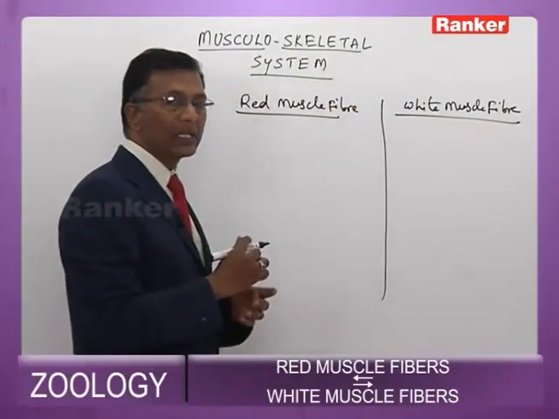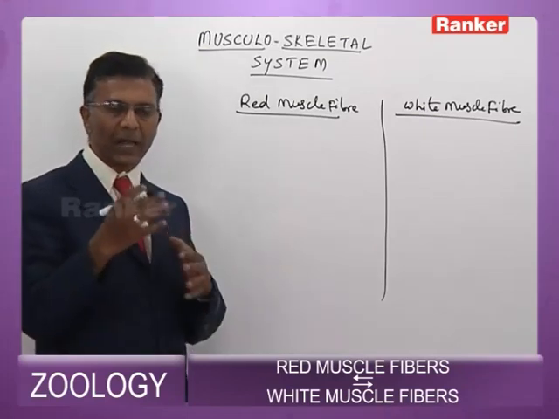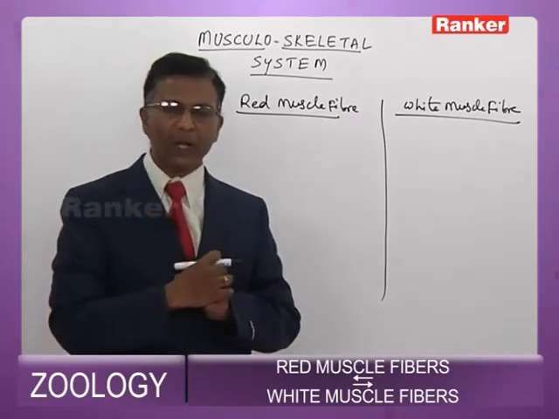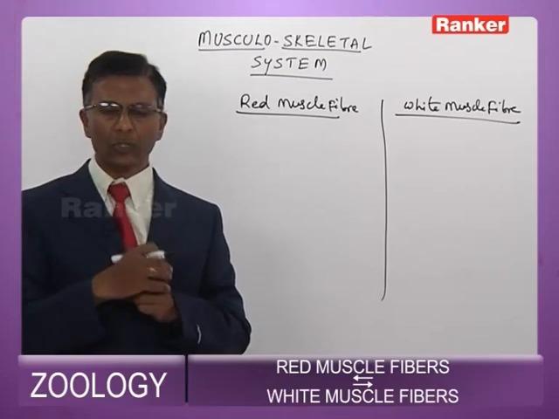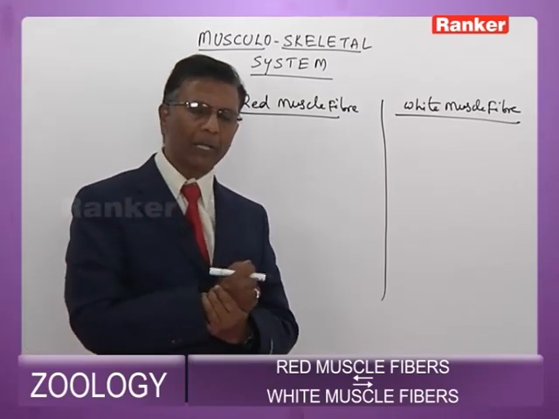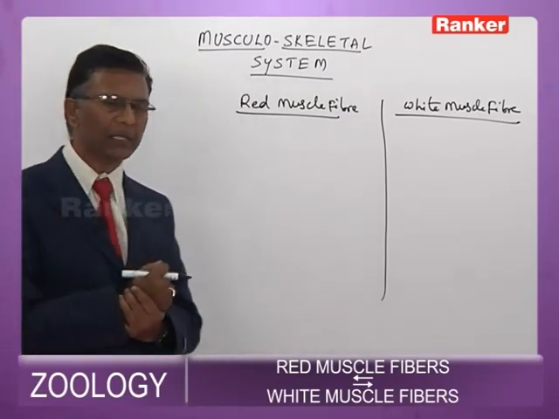Questions were asked in previous exams based on red and white muscle fibers also. So you should be aware of the important characteristics of the red and white muscle fibers.